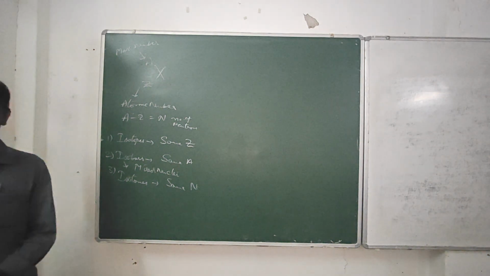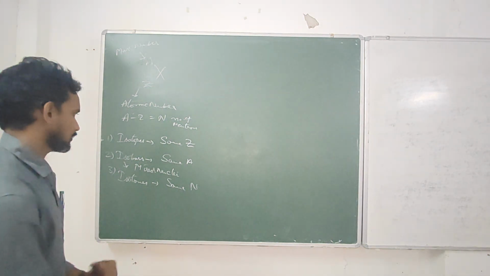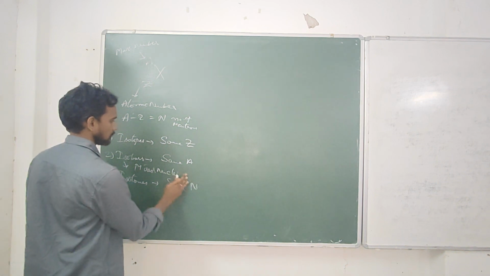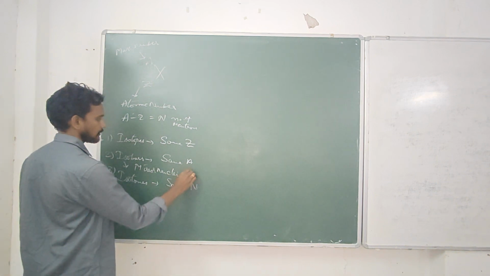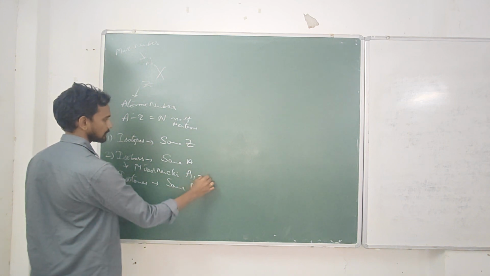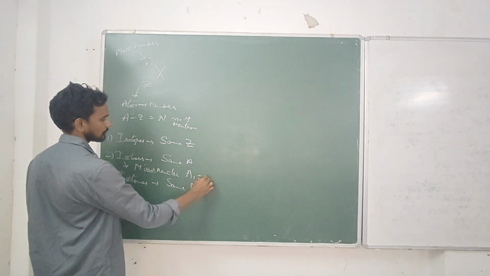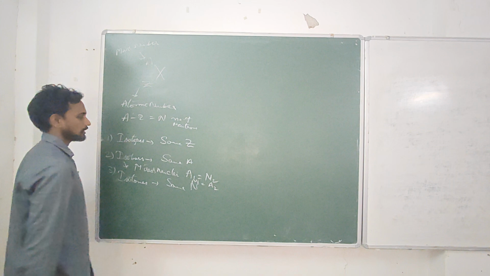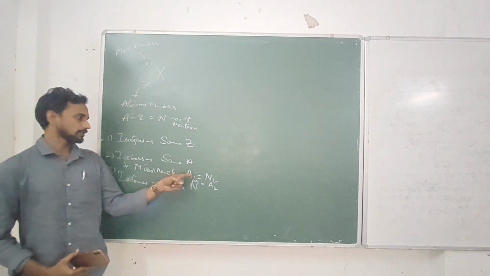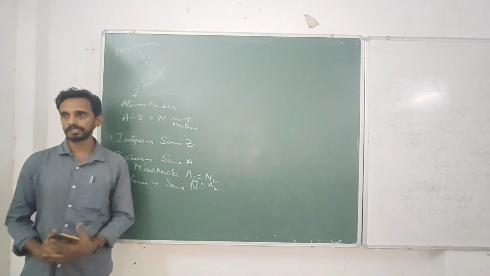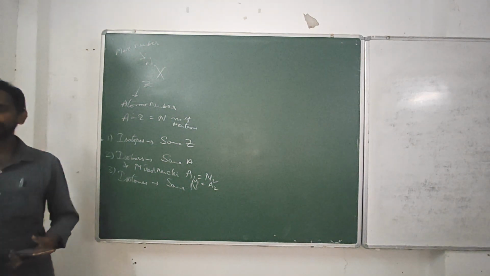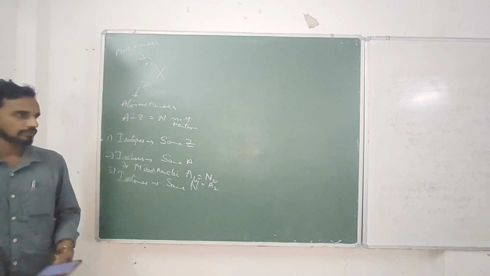Mirror nuclei contain exchanged numbers, otherwise: A1 is equal to A2, and N1 is equal to Z2. So the number of protons in the first atom will be equal to the number of neutrons in the second atom. So proton and neutron counts interchange.